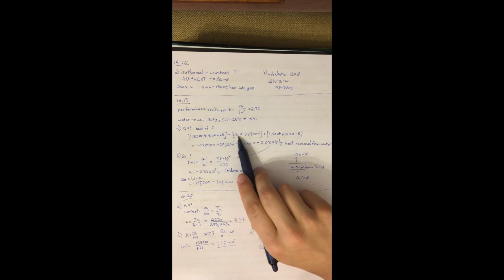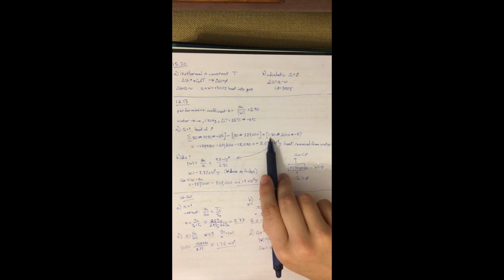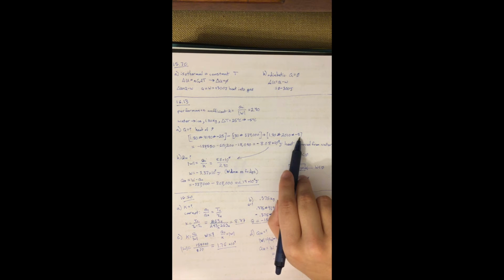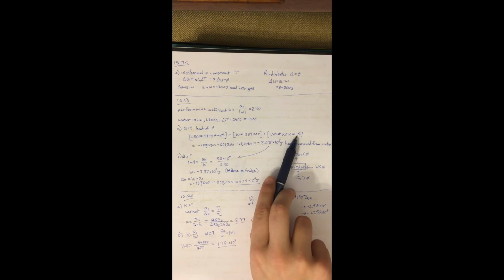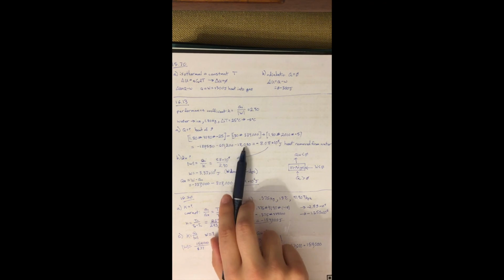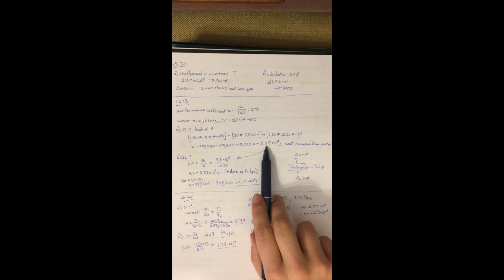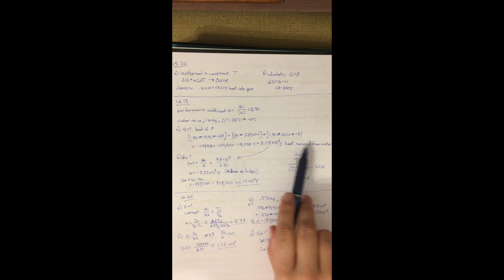Okay, so minus mass times the heat of freezing, and then mass times C times delta T, of course again, going to -5 degrees Celsius. Then you calculate those out, and you have negative 8.08 times 10 to the 5 joules of heat removed from the water, right?